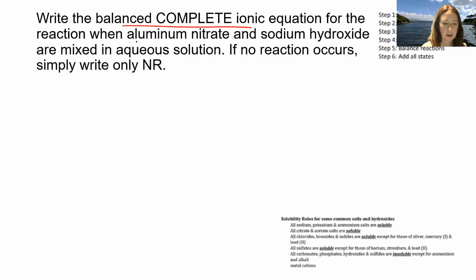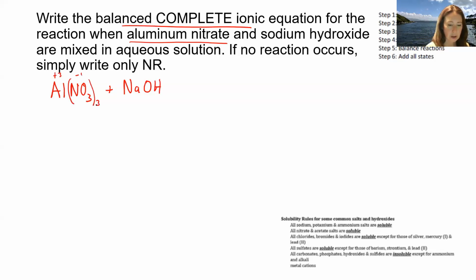What do we have here? Aluminum nitrate, and I'll do my balancing charges in just a second, and sodium hydroxide. Okay, so I balance my charges. Aluminum is +3, nitrate is -1, so I need 3 of these; sodium +1, hydroxide -1.